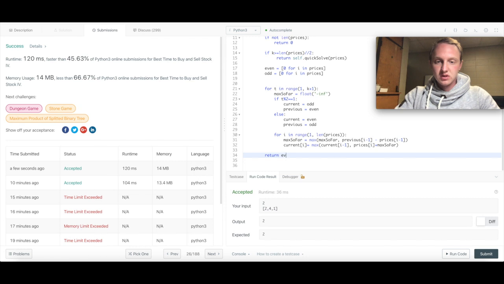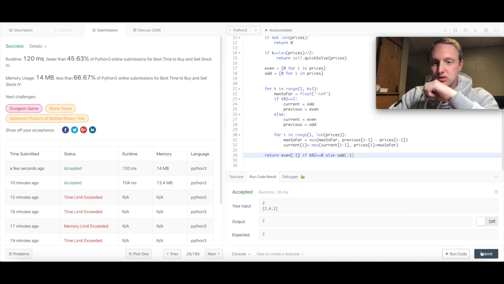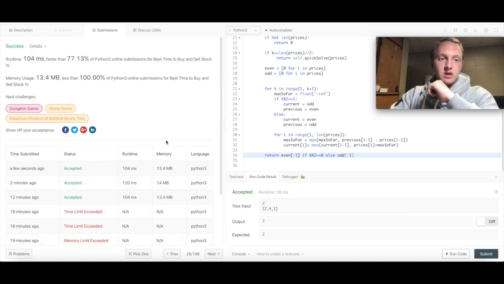So it's even[-1] if k modulus 2 equals to 0. Else it's just going to be odd[-1]. Let's check if the logic is correct. And yes, it is correct, and we're improving our memory usage, and it's actually 100% better than for any other submission.